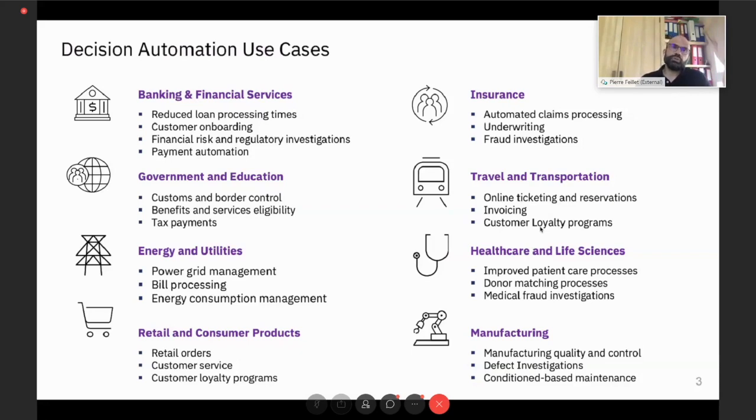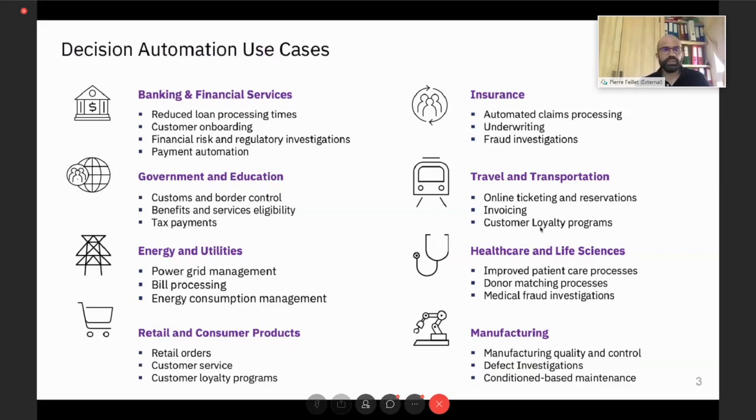For the decision automation use cases, we apply decision automation usually in loan processing and claim processing. We have customers like PayPal and MasterCard, who are using our technology every day in production to automate the processing of transactions, in eGov and education as well.